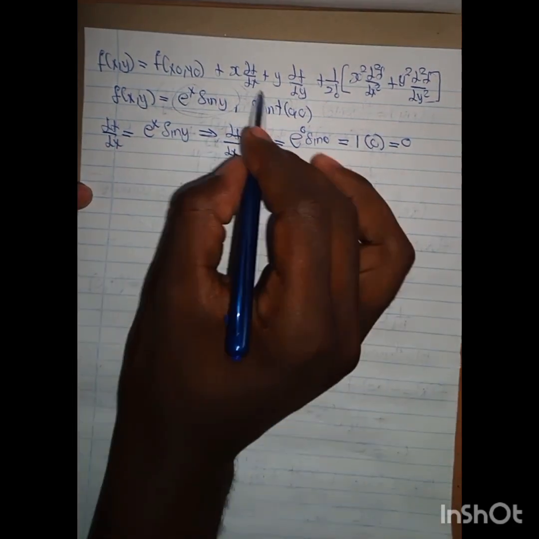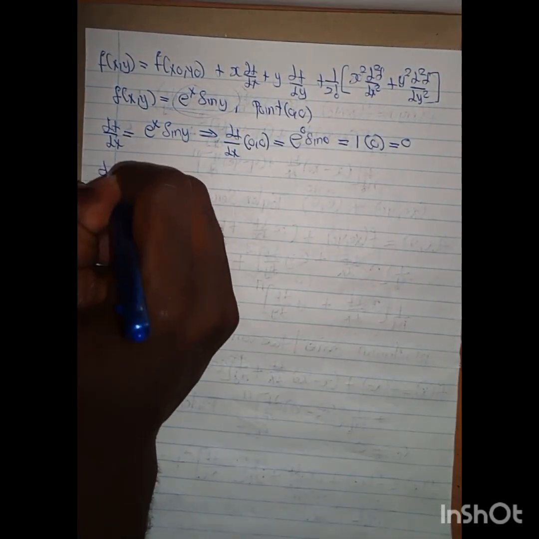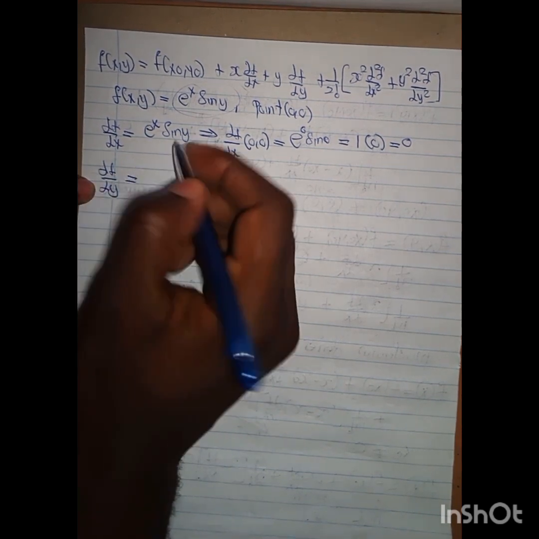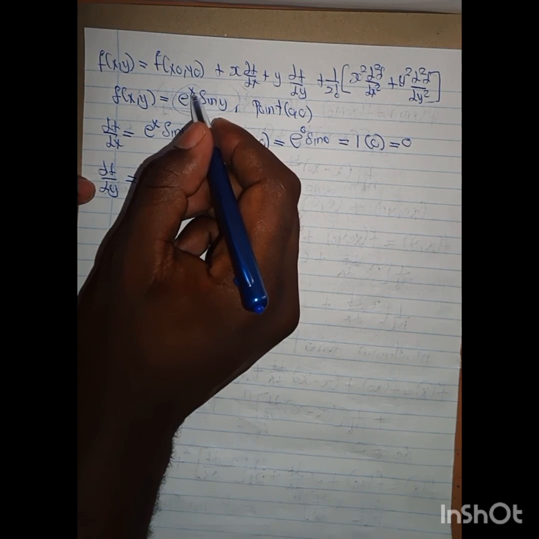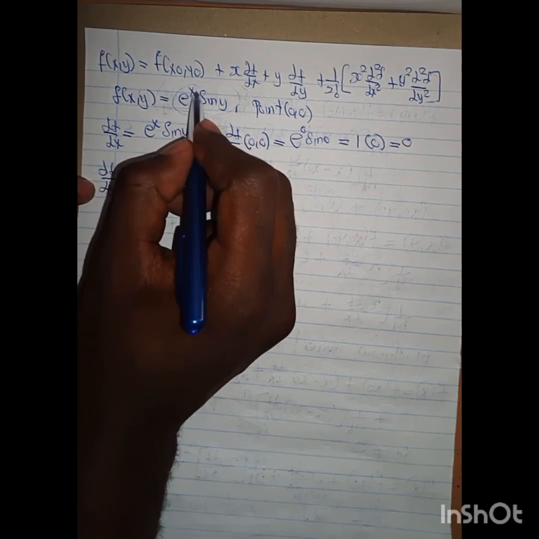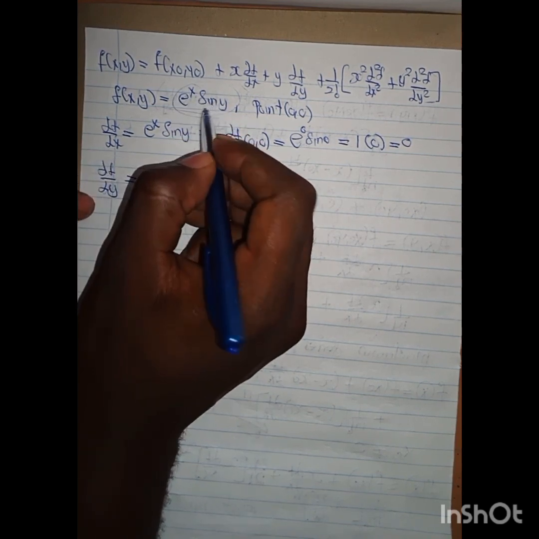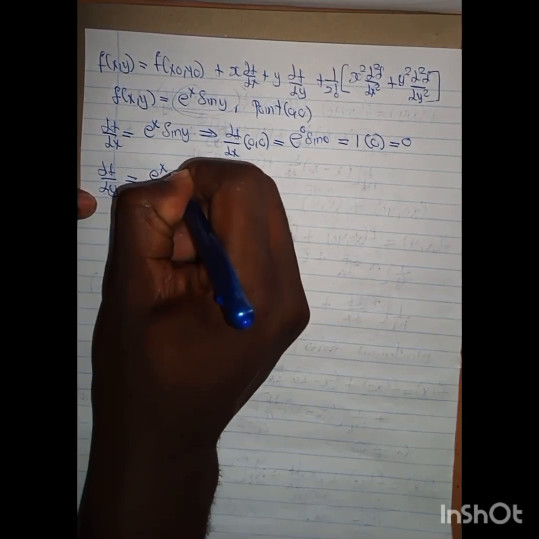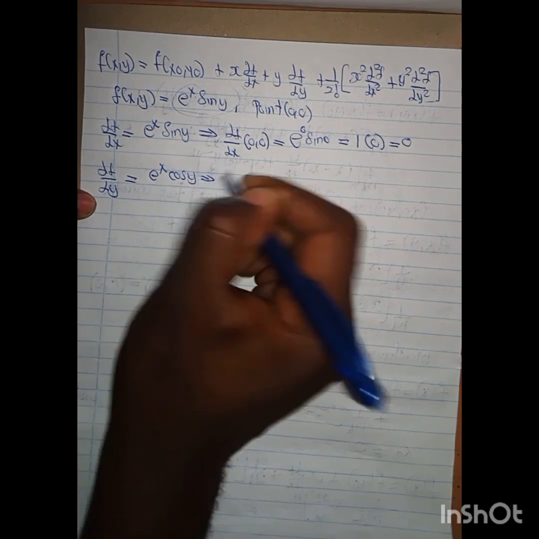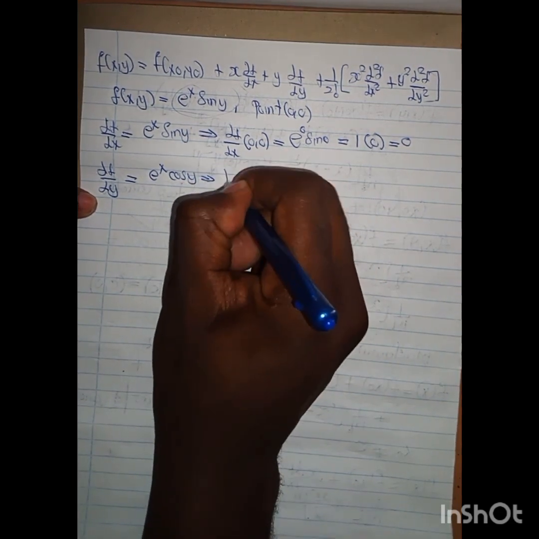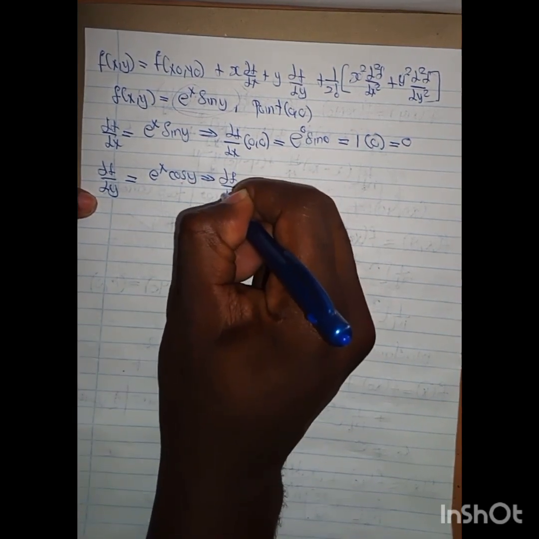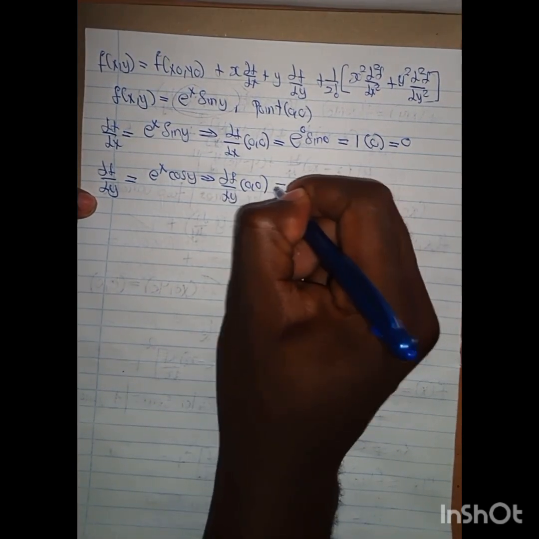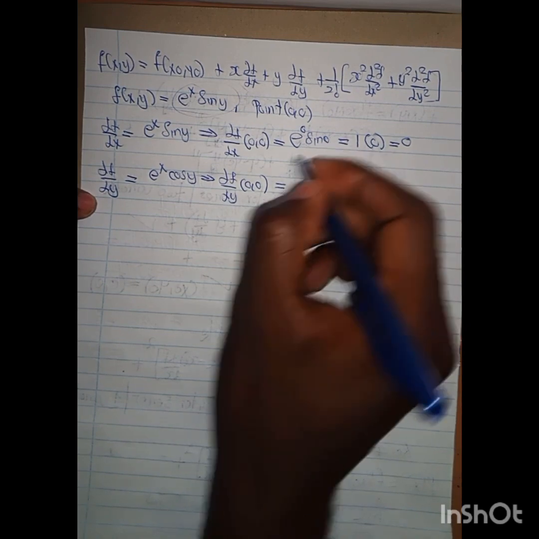And then we'll also need df dy. Let us differentiate the function this time around with respect to y. When we differentiate this function with respect to y, it means we're going to keep e to the x neutral, and then we differentiate sin y. The derivative of sin y is cos y, so it means we'll have e to the x cos y, which implies that df dy at a point 0 and 0, we get e to the x.